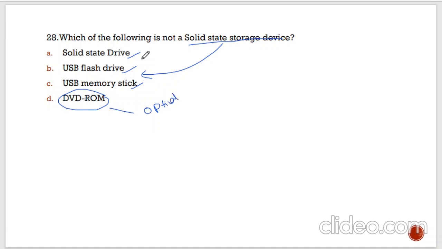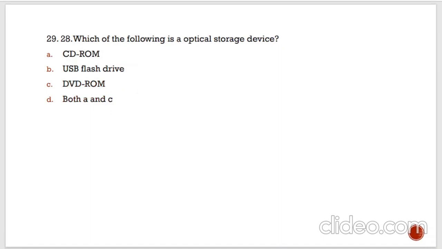Next question: which of the following is an optical storage device? CD ROM and DVD ROM are the two, so the option will be both A and C. These are the optical storage devices.